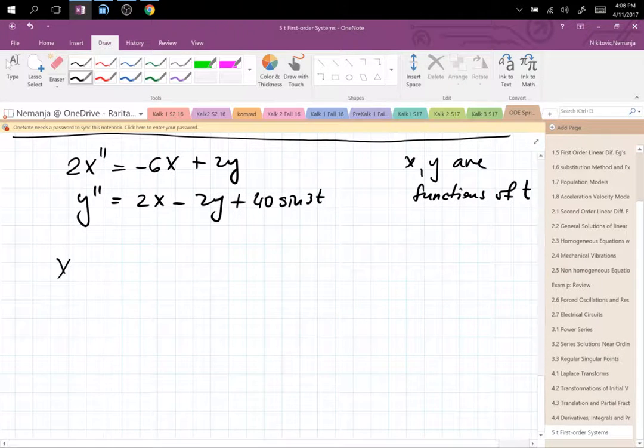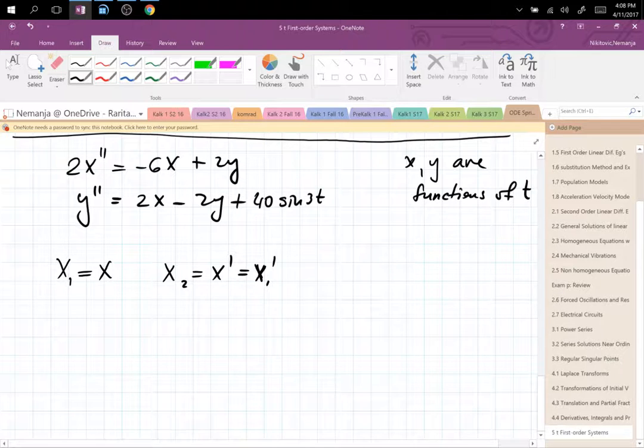So x1 is equal to x, right? And x2 is x prime, which is x1 prime. So that's what we have. And then the next one is what? Y variable.